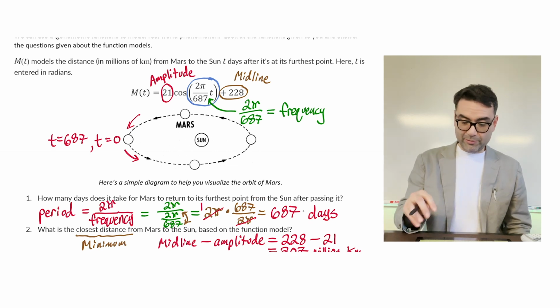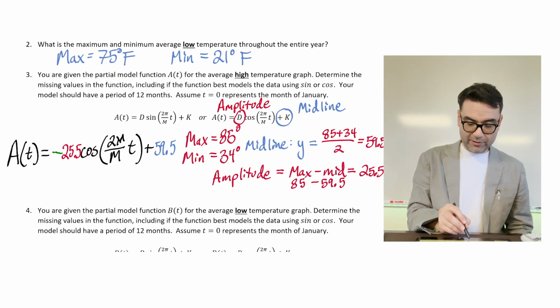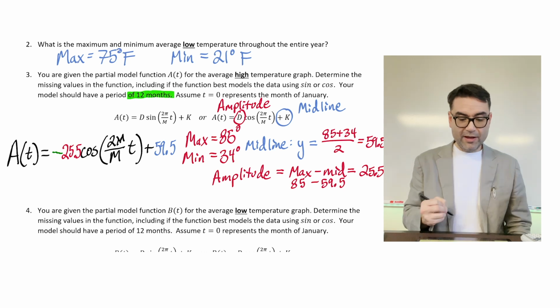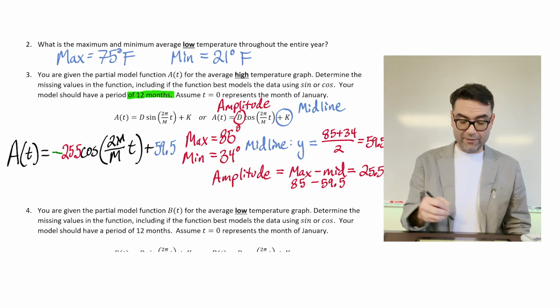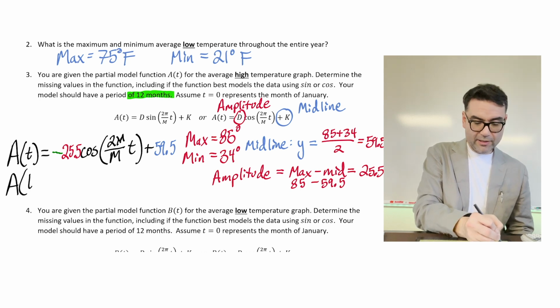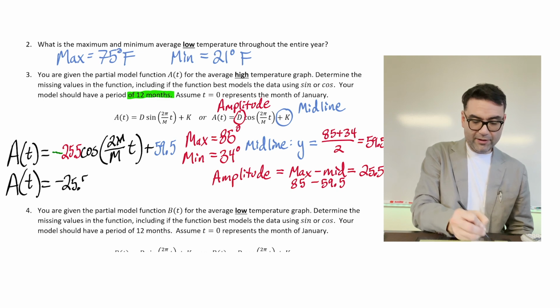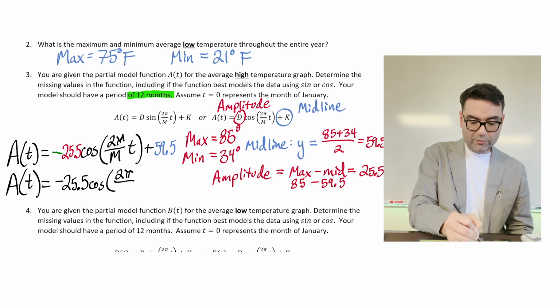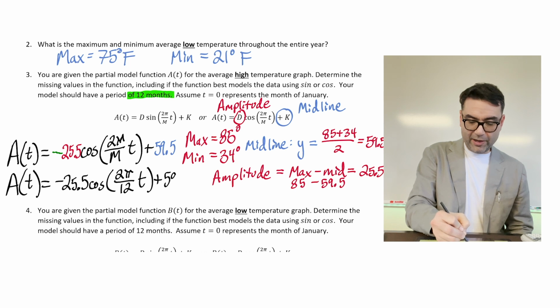Going back to our example, if I want the period to be 12 months, then that would be the value of m. So just to rewrite my function, A of t equals negative 25.5 cosine of 2 pi over 12 t plus 59.5.